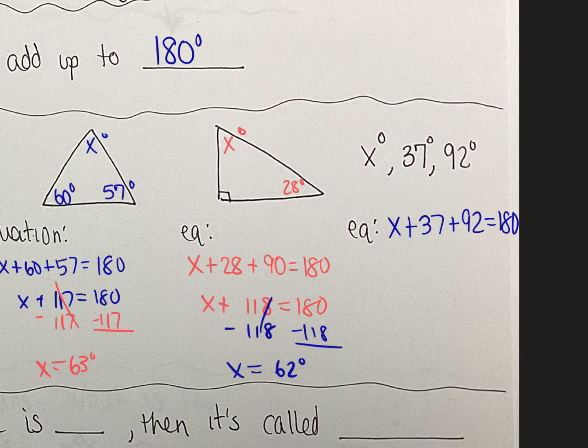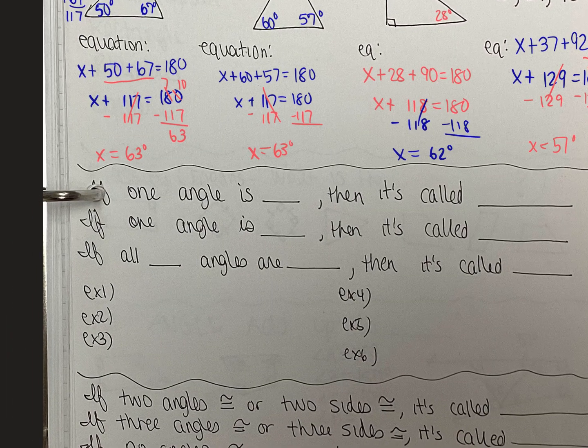Pause the video. X is 51 degrees. If at any point I'm going too fast, just pause the video so you can fill in your notes.